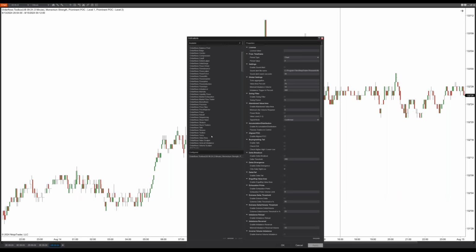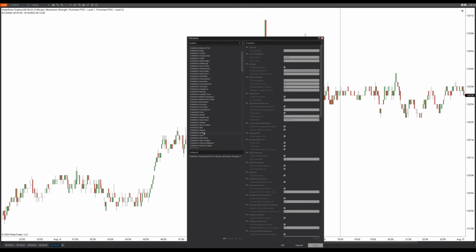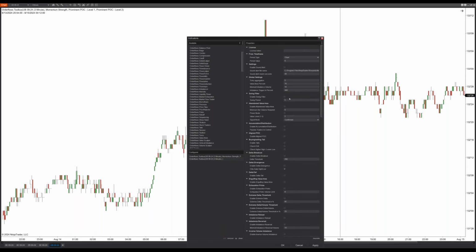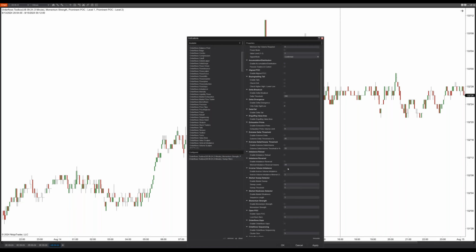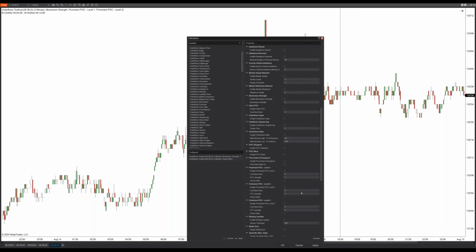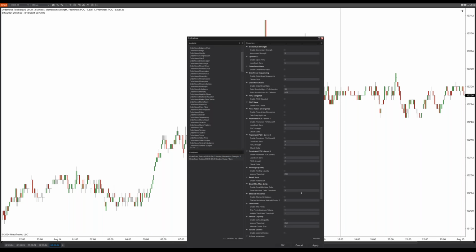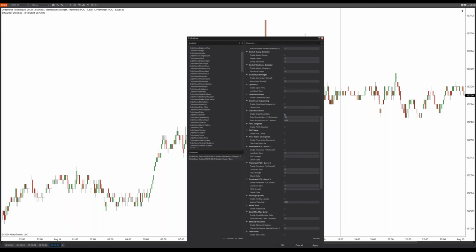Okay, add new one here. I'm going to make it swing filter, and the other one is going to be ratios. Come on.